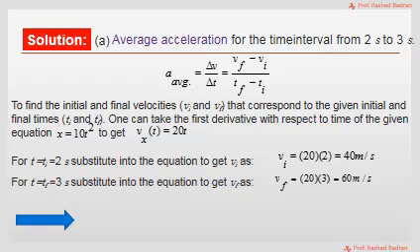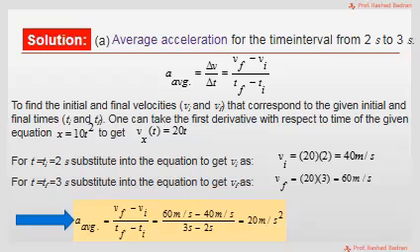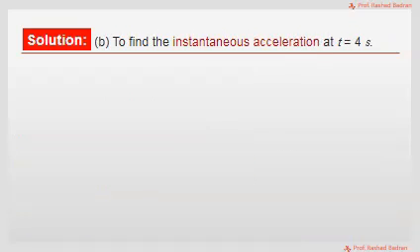Substitute these values into the given equation, where 60 minus 40 divided by 3 minus 2 seconds, you're going to get 20 meters per second squared. That is the acceleration of the given object. Its direction is obviously in the direction of motion, as long as it has a positive sign.